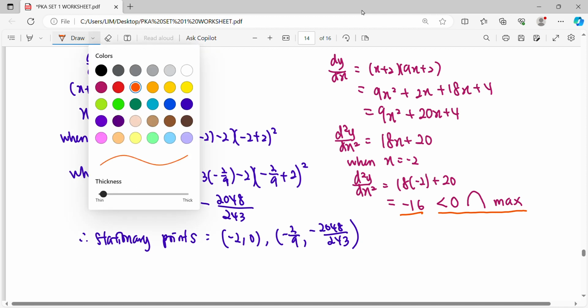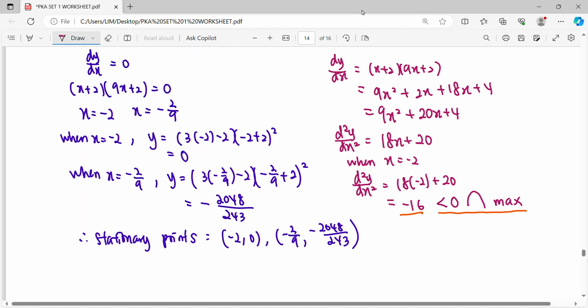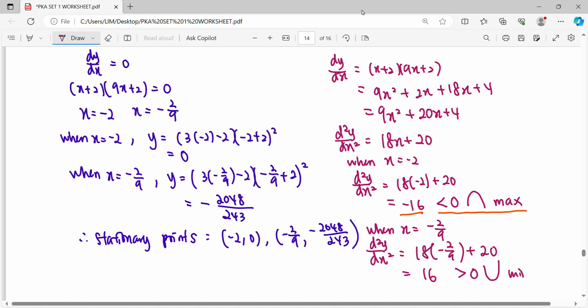Then we repeat for the other critical number, negative 2/9. So it's positive 16. Our conclusion will be positive, concave upward. So this is the minimum case.